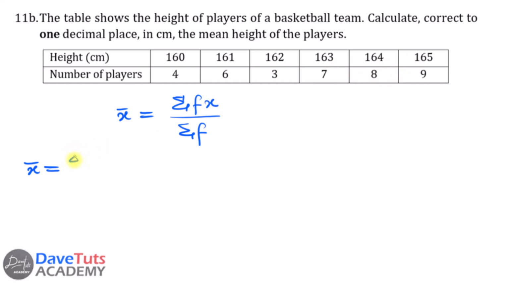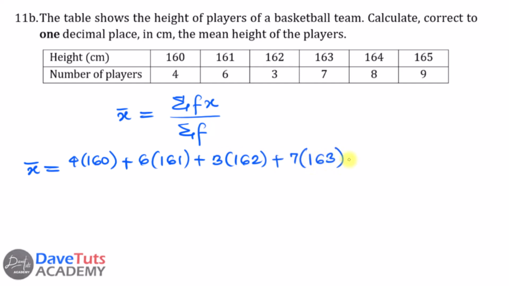So we have 4 multiplied by 160 plus 6 multiplied by 161 plus 3 multiplied by 162 plus 7 multiplied by 163 plus 8 multiplied by 164 then plus 9 multiplied by 165. So that is summation fx.